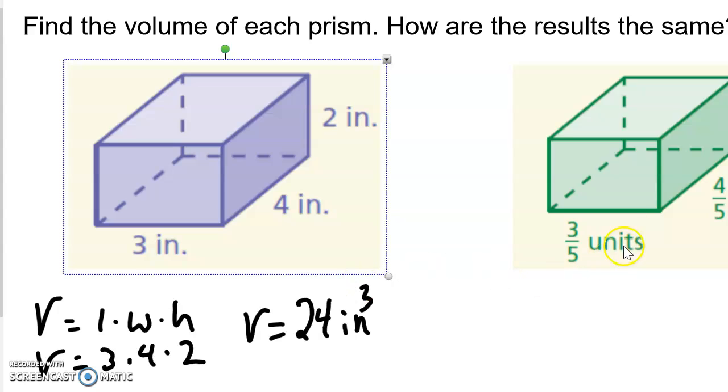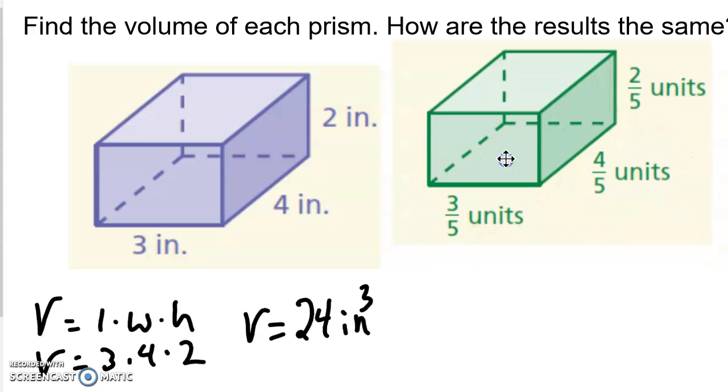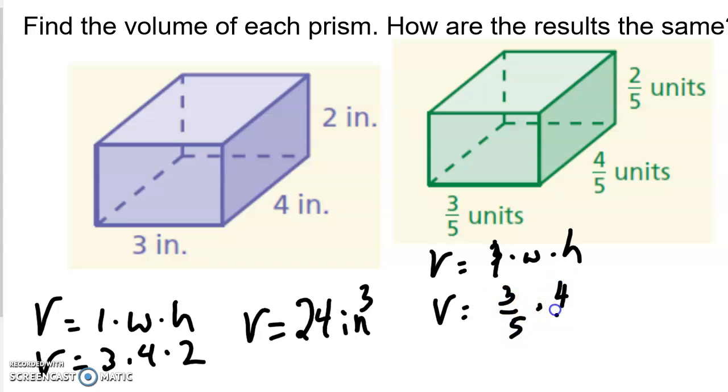Now, this over here, let's see if we can fit this on here. Oh my gosh, I'm amazing. Same thing, your volume is going to be, let's do the formula first, length times width times height. So now, 3/5 multiplied by 4/5 multiplied by 2/5. Okay.